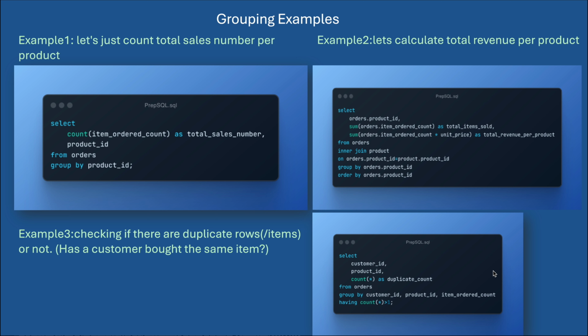We might not need the item order count at the moment if we just want to calculate the duplicates, but item order count tells us whether the customer bought the same number of items as well. As we said, we can use conditions in the having statement: having count asterisk greater than 1, so the number of rows with count greater than 1.